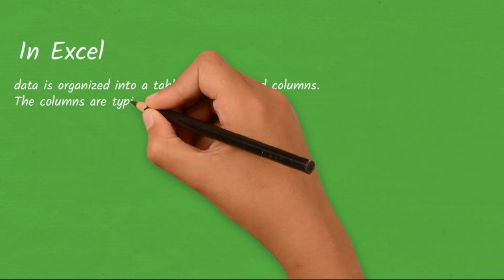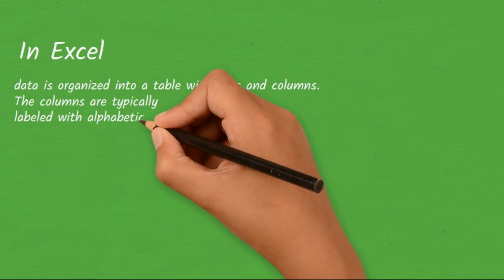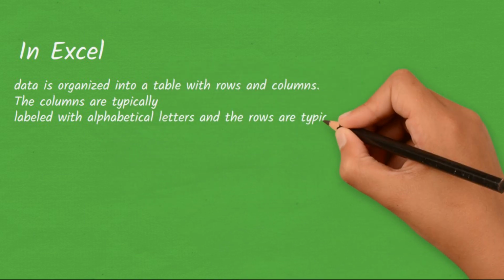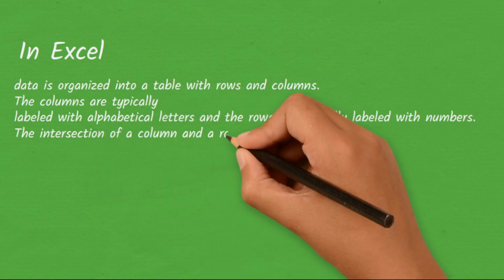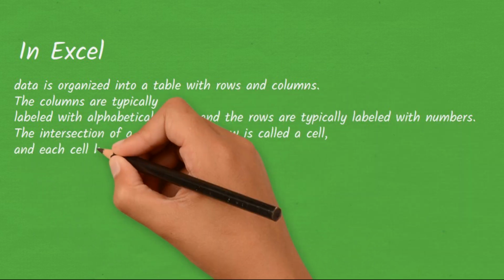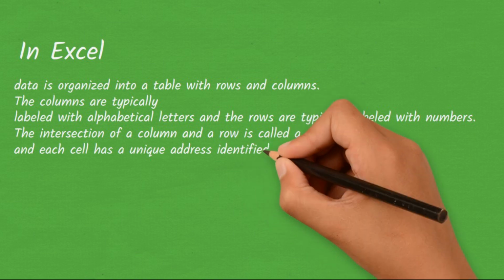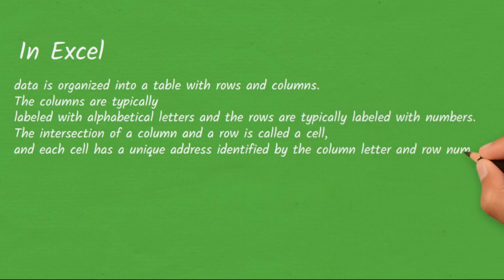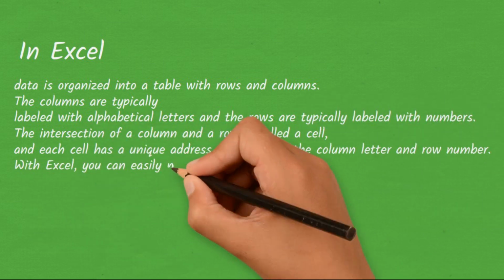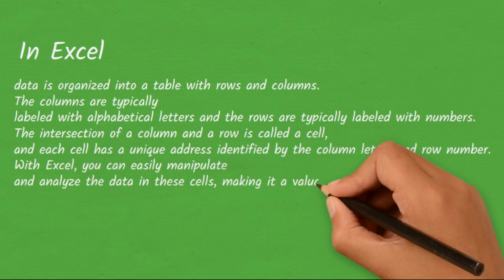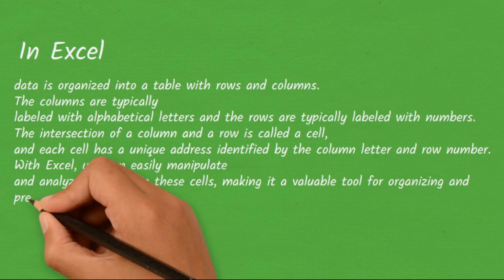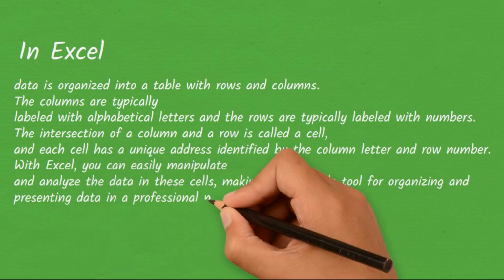The columns are typically labeled with alphabetical letters, and the rows are typically labeled with numbers. The intersection of a column and a row is called a cell, and each cell has a unique address identified by the column letter and row number. With Excel, you can easily manipulate and analyze the data in these cells, making it a valuable tool for organizing and presenting data in a professional manner.